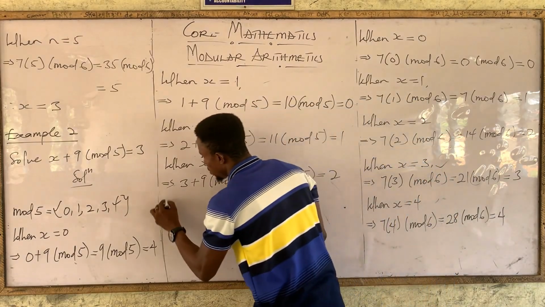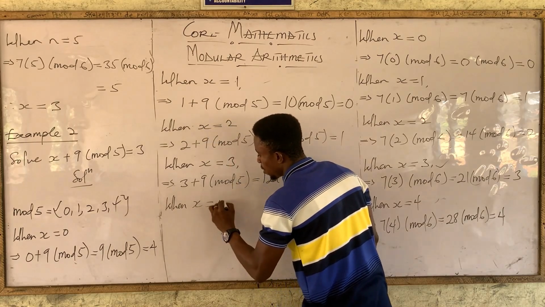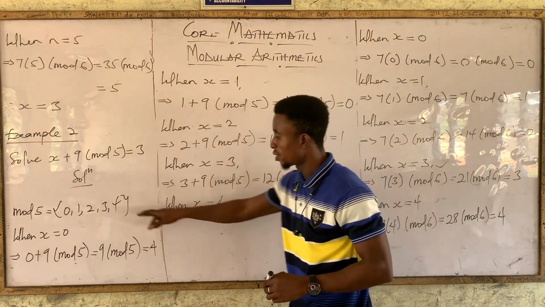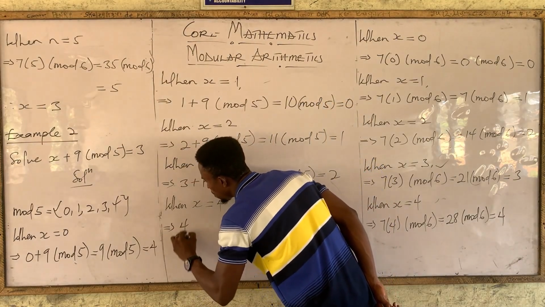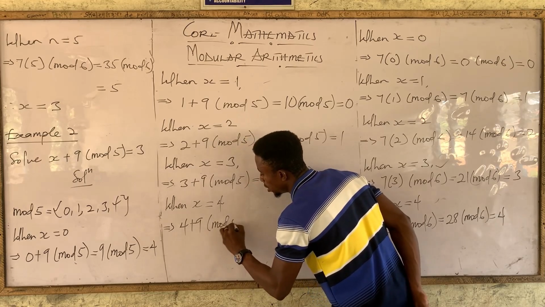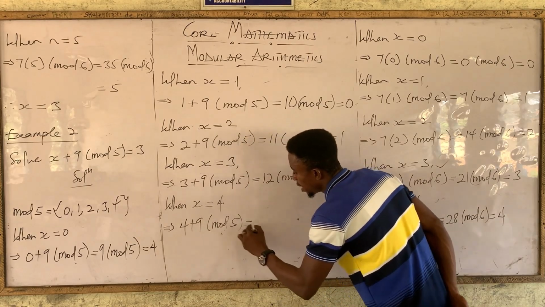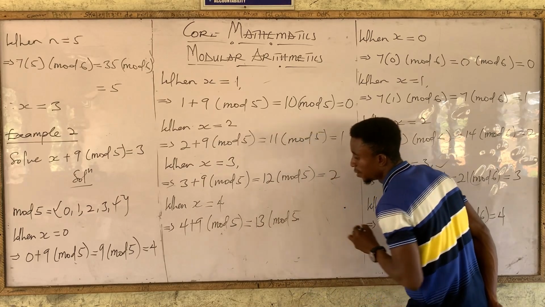Okay. Then when x is equal to 4, which is the last one, this implies I'll have 4 plus 9 in mod 5. So this one gets me 13 in mod 5.